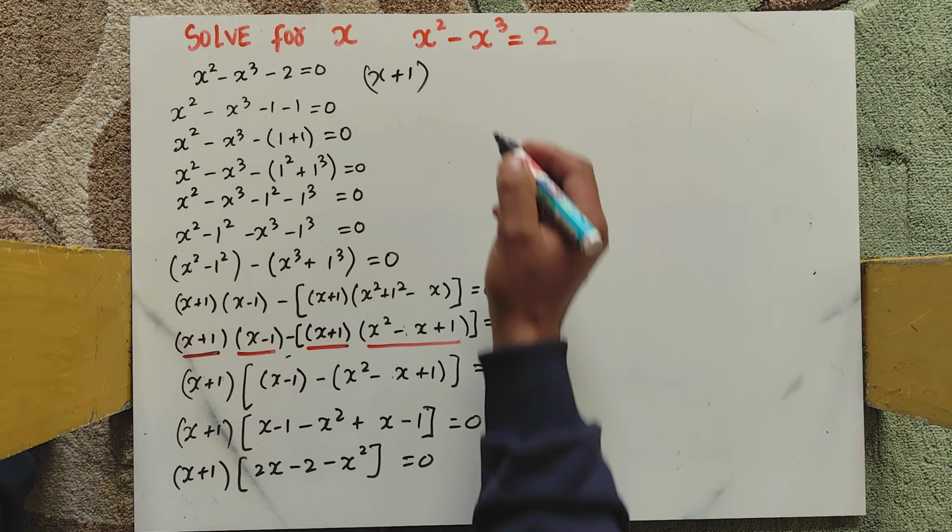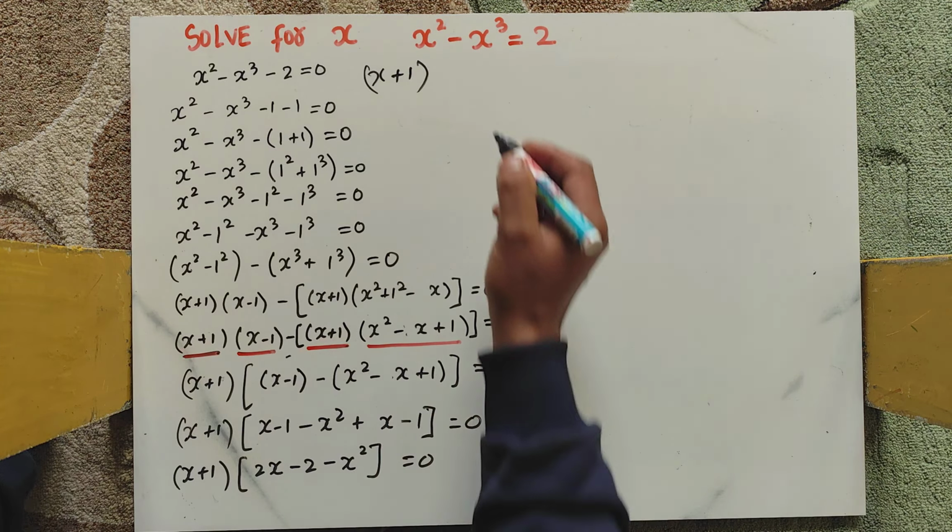Now what does this equation tell us? Either x plus 1 is equal to 0, or minus x square plus 2x minus 2 is equal to 0. If x plus 1 is 0, that means x will be equal to negative 1.